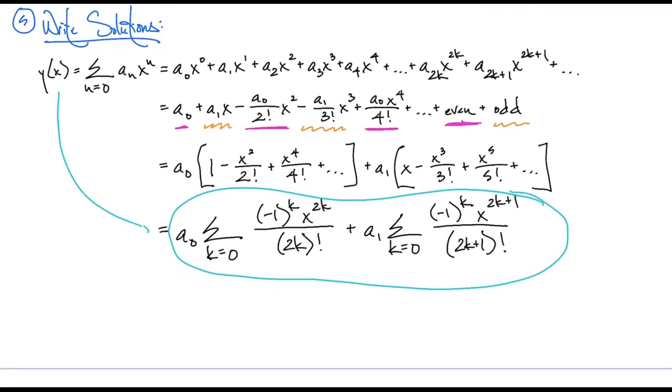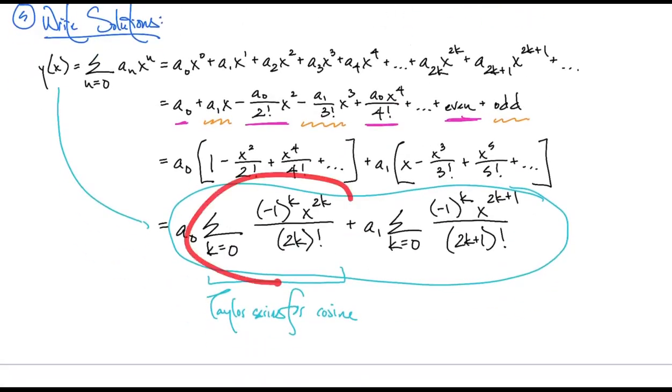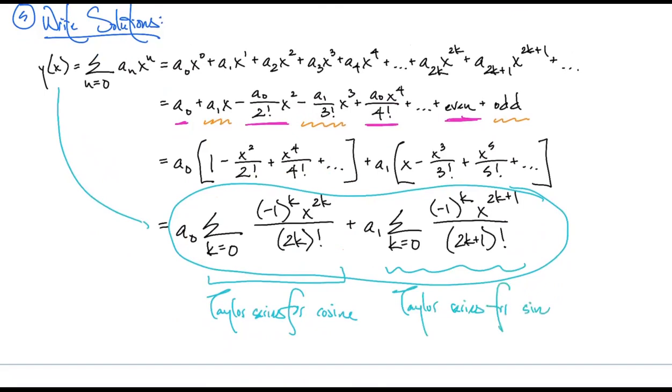And if you look up the Taylor series for cosine, you'll find that it looks like that. And if you look up the Taylor series for sine, you'll find that it looks like this.